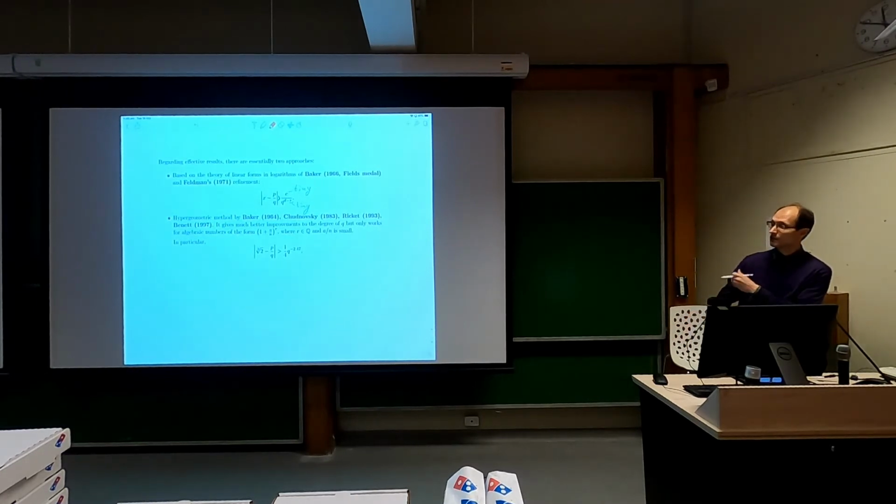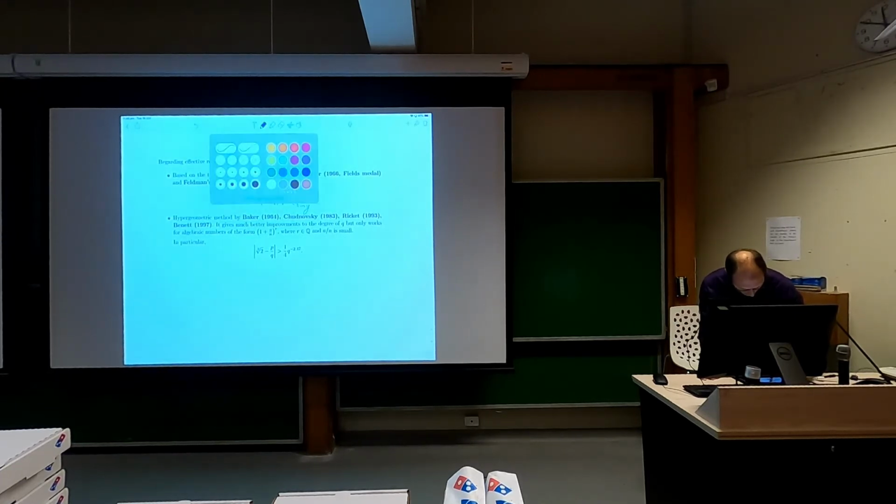And this result is enough to verify that |2q cubed minus p cubed| is always bigger than the square root of q. Right?